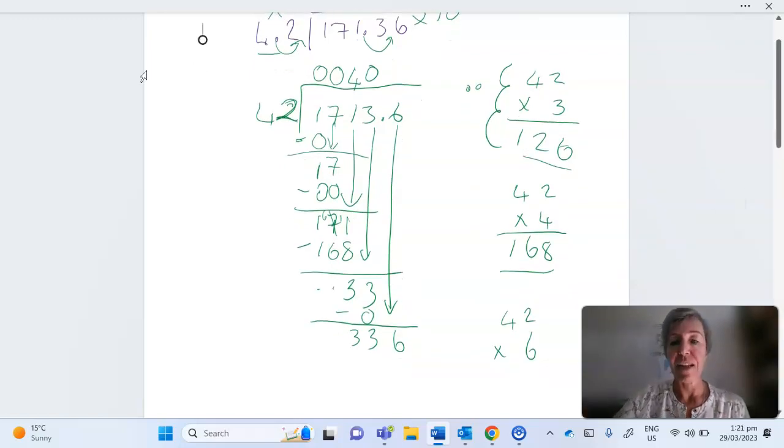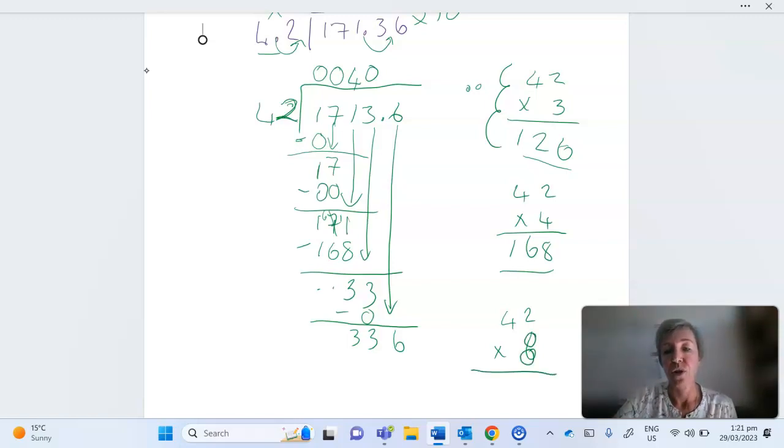Actually, maybe I'm going to try times 8 because 2 times 8 gives me 16 and I'm going to have a 6 on the end. 2 times 8 is 16. 4 times 8 is 32 plus the one that I carried is 33. So 42 times 8 gives me 336.